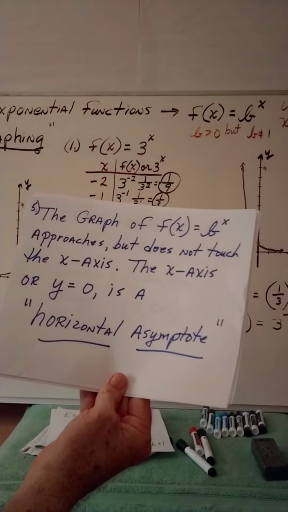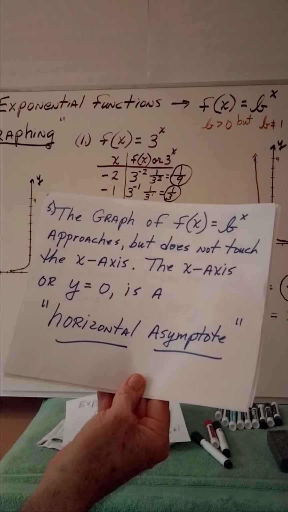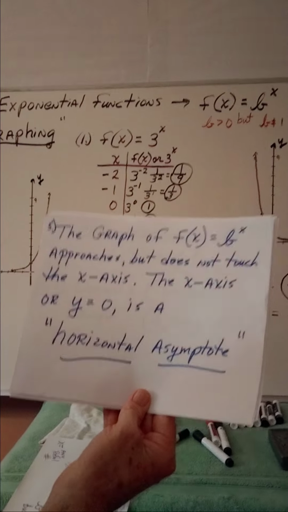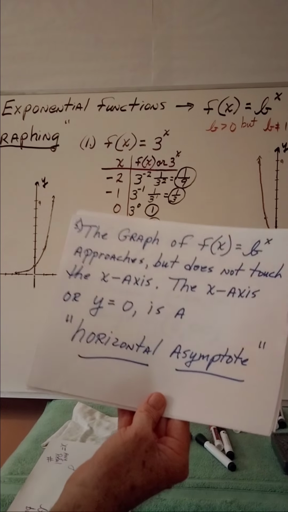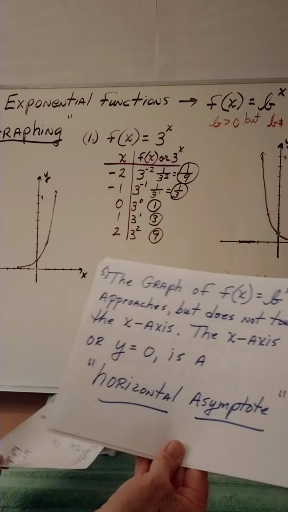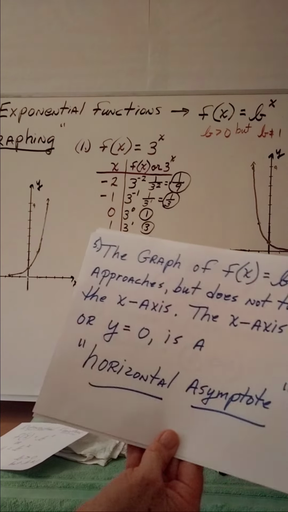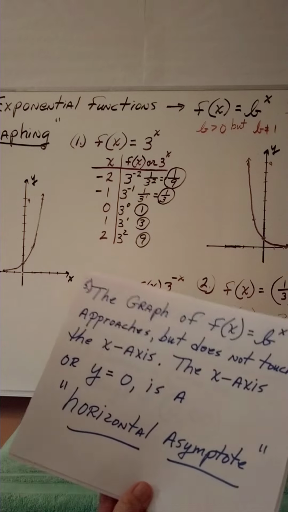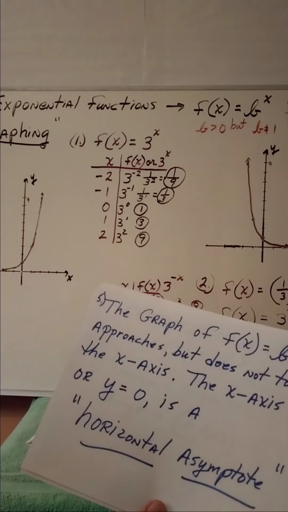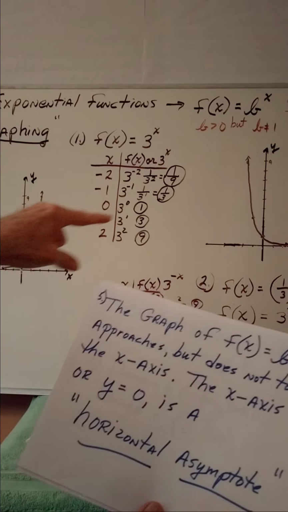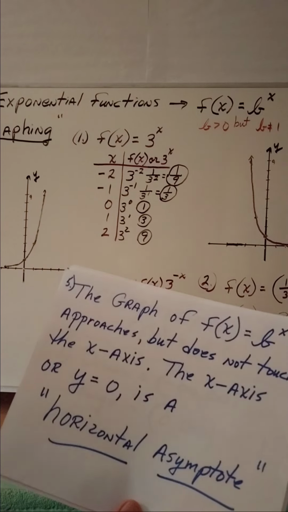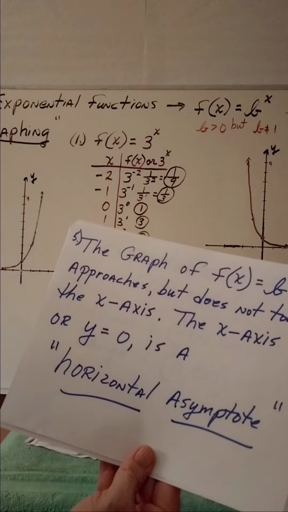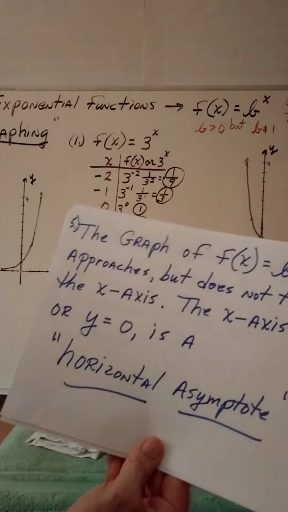People, an asymptote is a line that the graph will never touch. It will get close to it, but it will never touch it. The graph of these two has a horizontal asymptote. The graph will approach the x-axis on both of those, but it will never intersect it. It will never touch it.